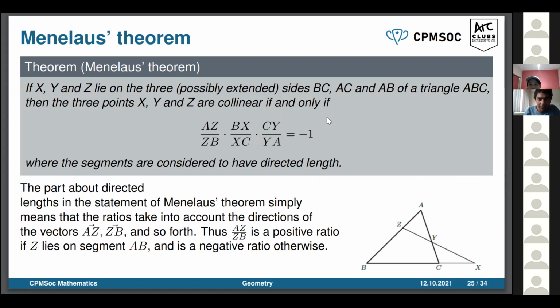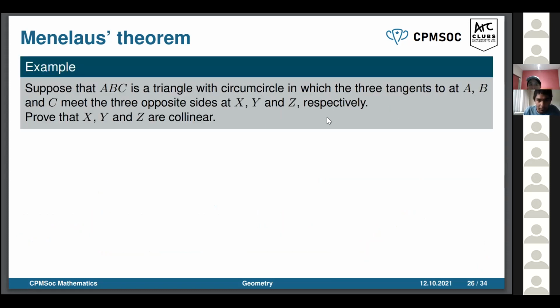So let's have a quick look at the example here. Suppose ABC is a triangle with circumcircle. We find the circumcircle of triangle ABC and we extend the tangents. The tangents at A, B, C meet the opposite sides at X, Y, Z respectively.